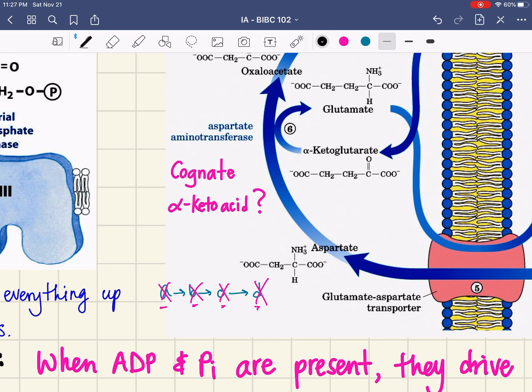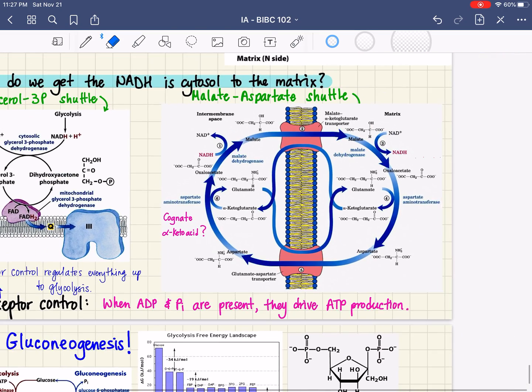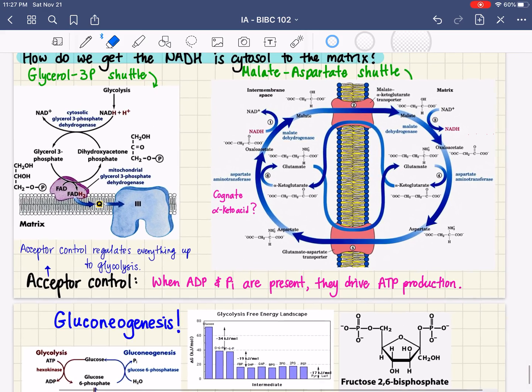So D can be ATP synthase, and then C can be ETC, then B is Krebs, then A is glycolysis. Let's get rid of this. Okay, so hopefully acceptor control makes sense.